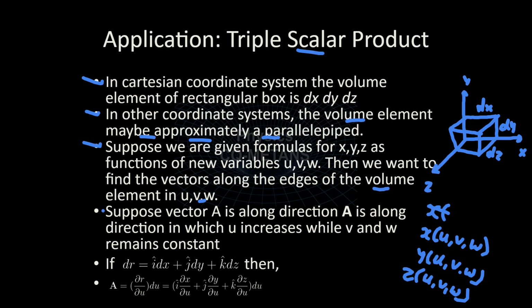Now let us say that we have this coordinate system u, v, and w. This is u, v, and w. So there is a vector A in the increasing direction of u, while v and w remain constant.